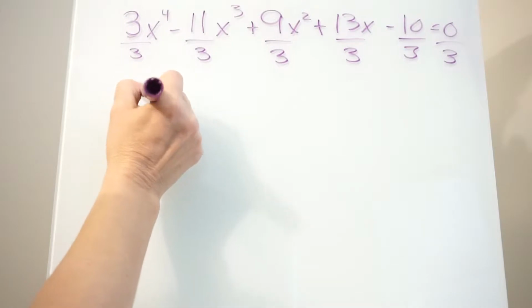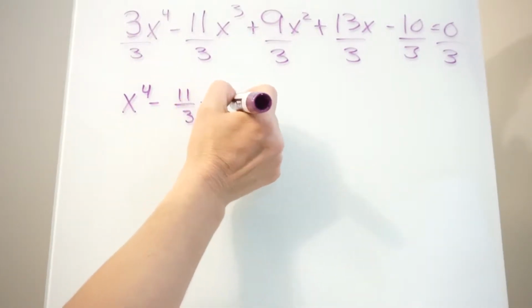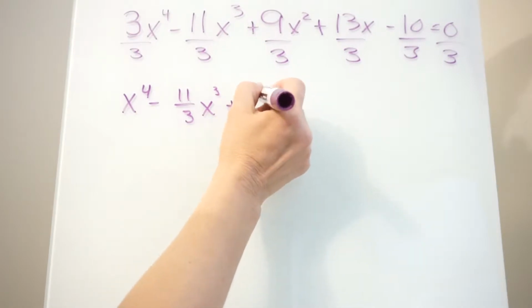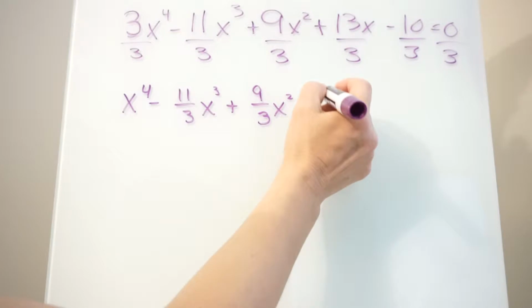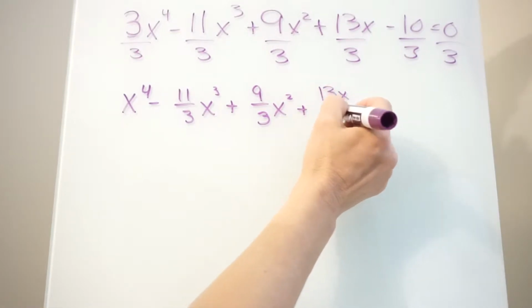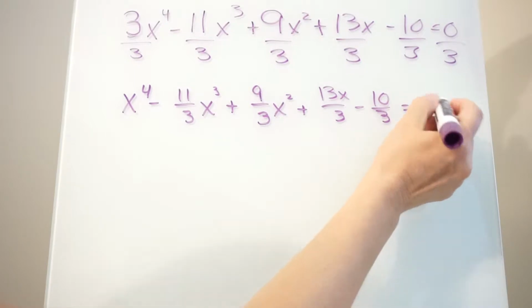And we get x to the fourth minus 11 thirds x cubed plus 9 thirds x squared plus 13x over 3 minus 10 over 3 equals 0.